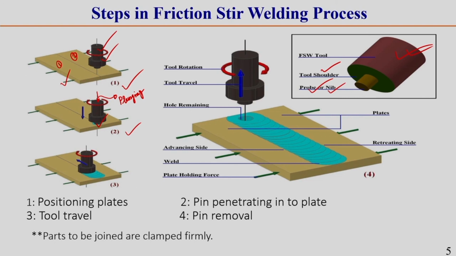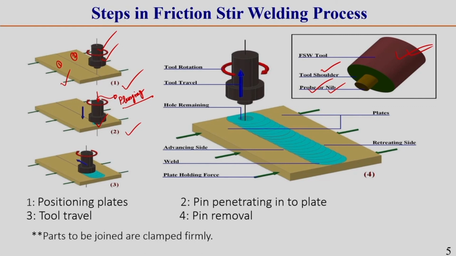Okay. So, first we touch the tool pin tip to the workpiece with a normal force on the top of the workpiece surface, and as the tool is rotating, the material starts rising in temperature.